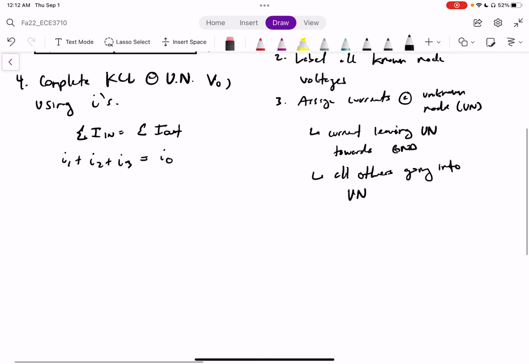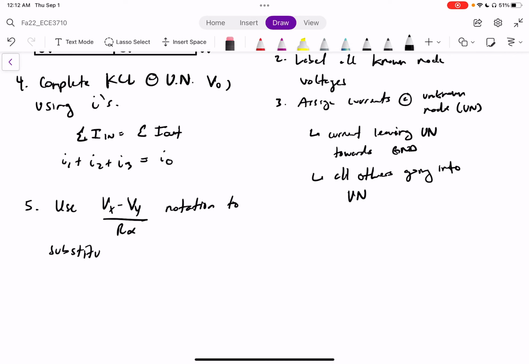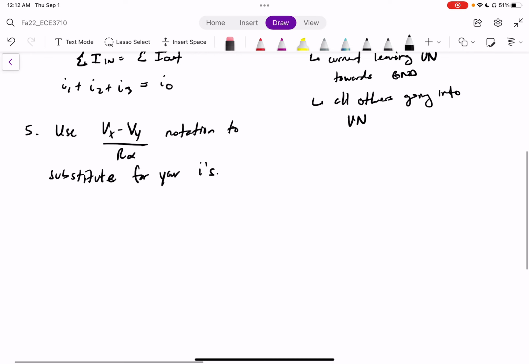Step number 5. Use Vx minus Vy over R notation to substitute for your i's. Okay? Brief explanation using Ohm's law.